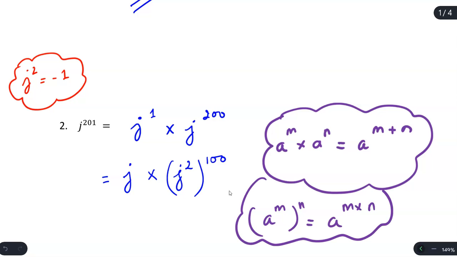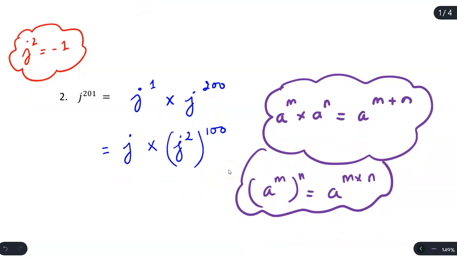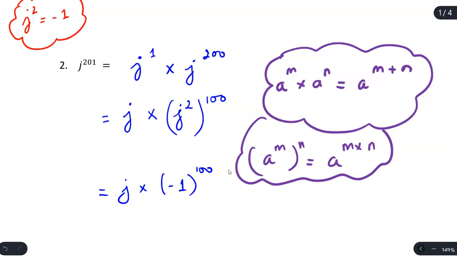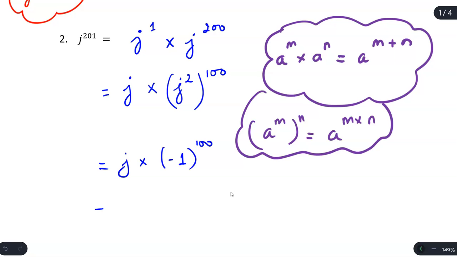So you see that 2 times 100 is 200. So I will replace this j squared by -1. If I raise -1 to the power of 100, 100 is an even power, so a negative raised to an even exponent will turn into a positive. So I will have j times +1, so my answer is j.